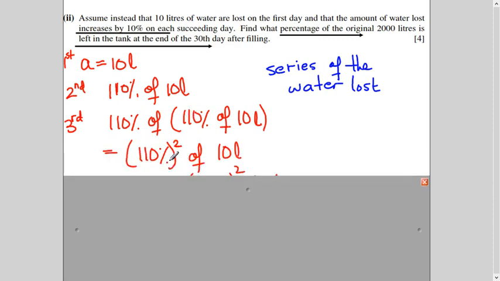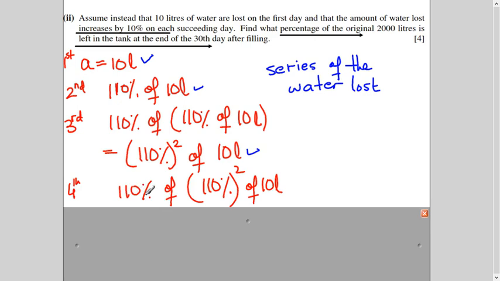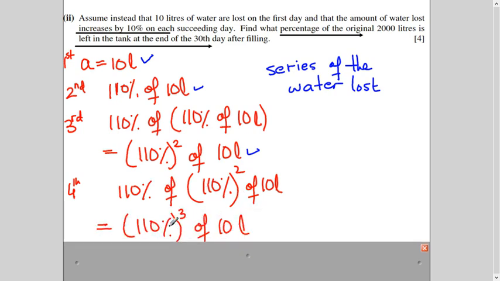So your first thing will be 10 liter, then 110% of 10 liter, then 110% square of 10 liter. Fourth day, it will be 110% of this. So now it will become cube, right? So this is how the series will be making.